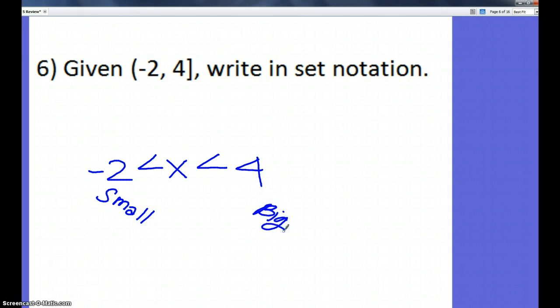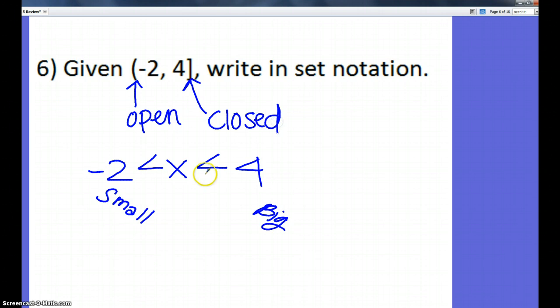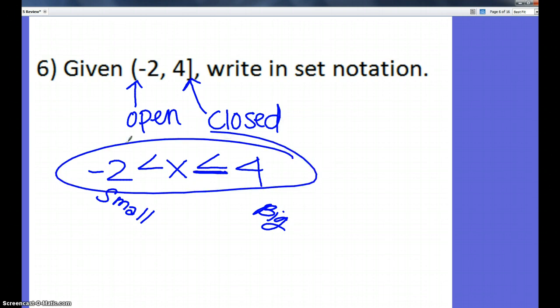So the alligator wants to eat bigger stuff. And here we've got a parentheses. That is an open bracket. So we do not need to put a line underneath. However, on the 4, that is closed. So that is equal to. You do need to put a line, and there you go. Done.